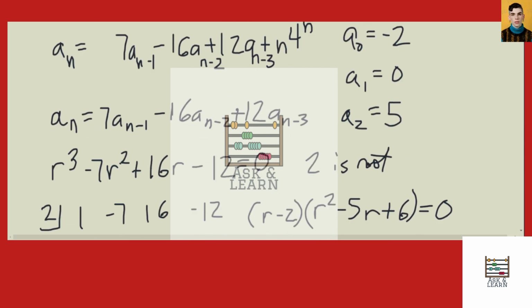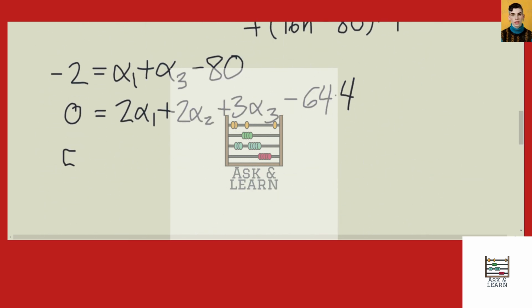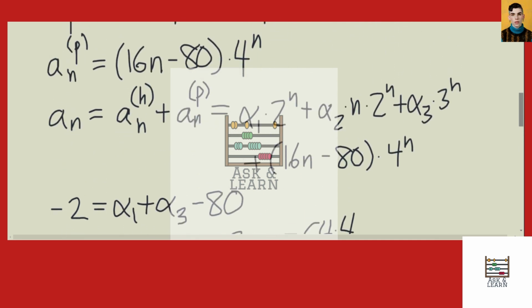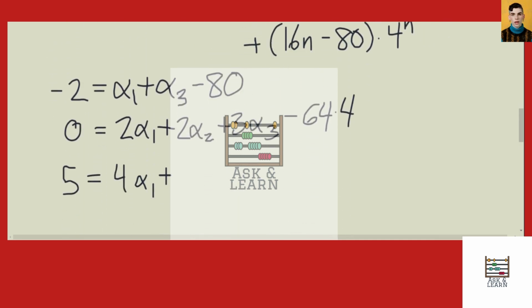And lastly, we have that a2 is equal to 5, so that 5 is equal to 4 alpha 1 plus 2 times 2 squared, which is 8 alpha 2, plus 3 squared, which is 9 alpha 3, and then plus 16 times 2 is 32, minus 80, that's minus 48, times 4 squared.